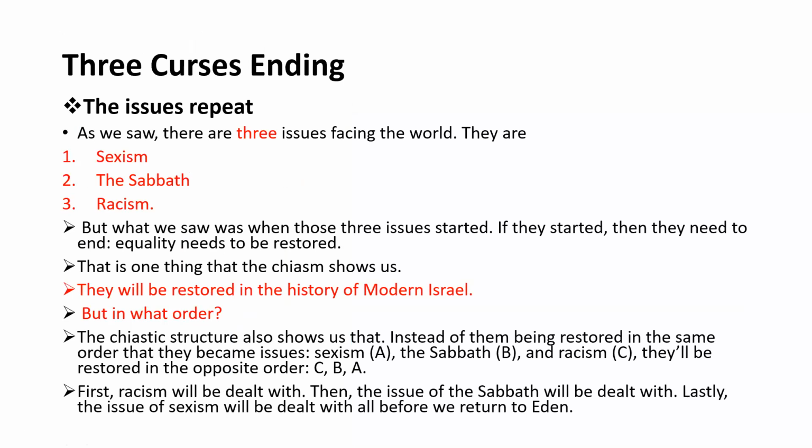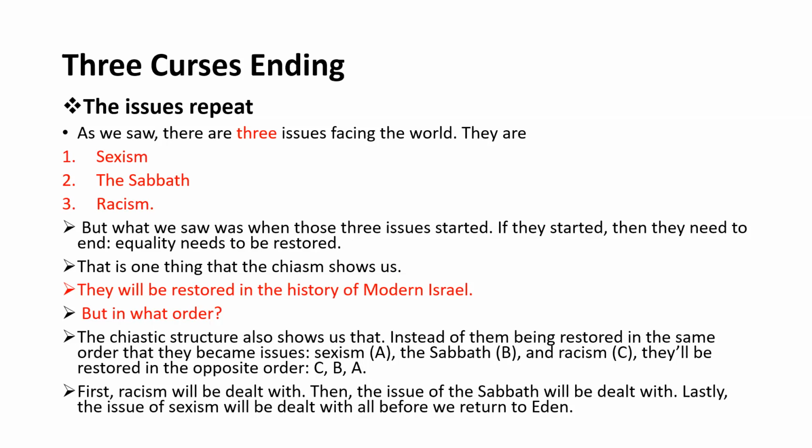So these three cases, we see that there was a starting point when they were pronounced. Everything has an ending. If they were pronounced, we must see them being lifted up, coming to an end. So how are they going to come to an end? This is how the chiastic structure is going to help us to explain how these cases have been restored.